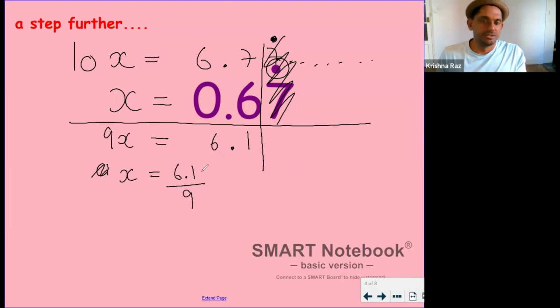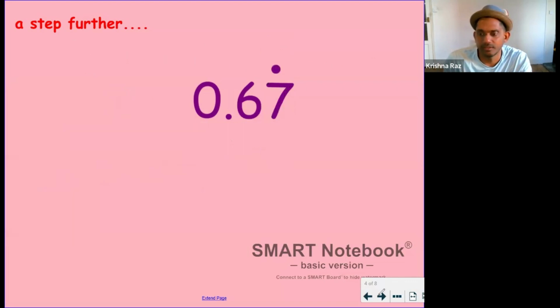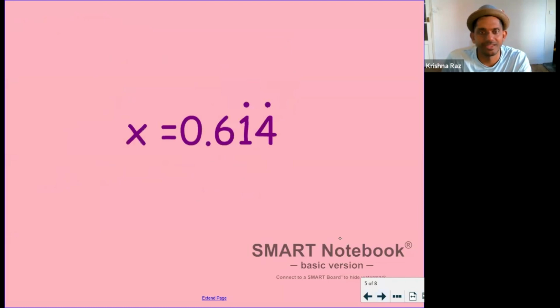Now, this isn't a usual way of seeing a fraction, so we're going to multiply the top and bottom by 10 to remove the decimal. Hopefully that makes sense to you.